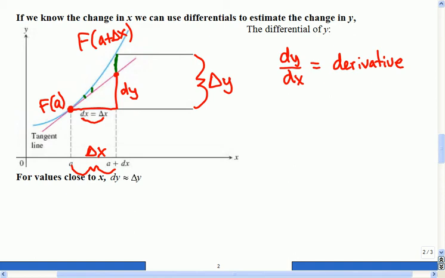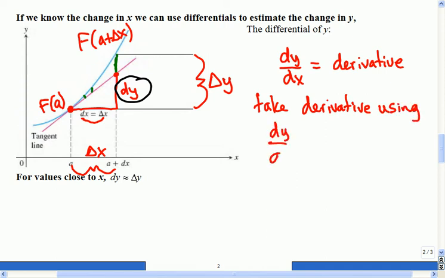So to find the differential of y, this dy part, we're going to take the derivative and we'll use this notation. Whoops, I missed a few things in there. Notation.